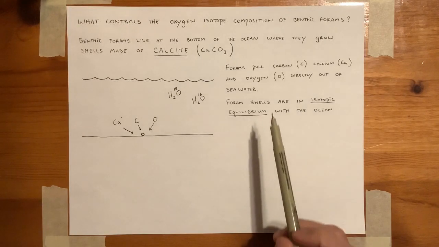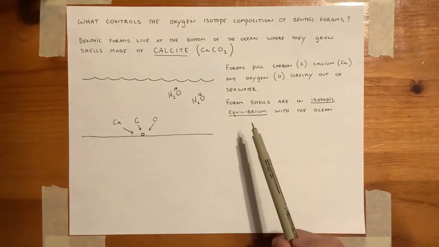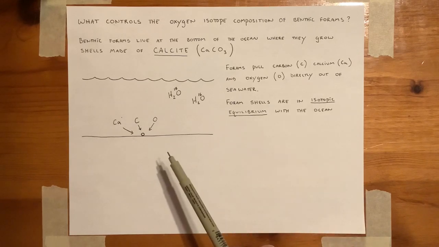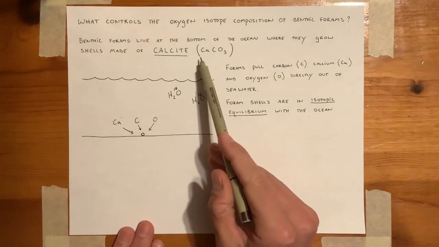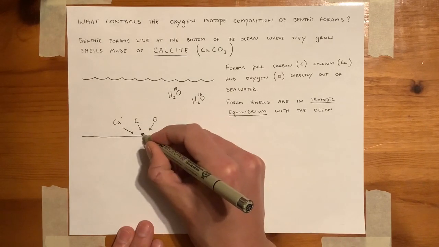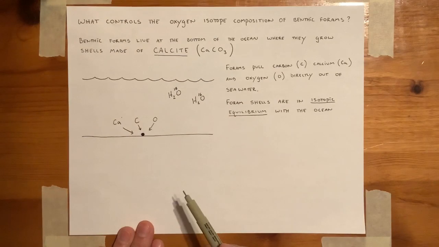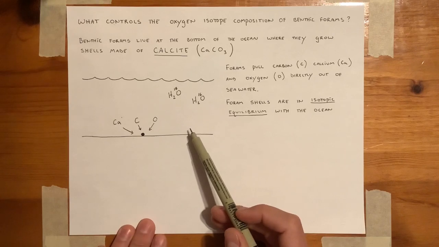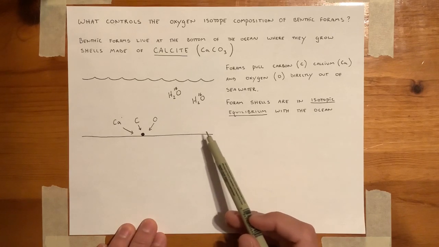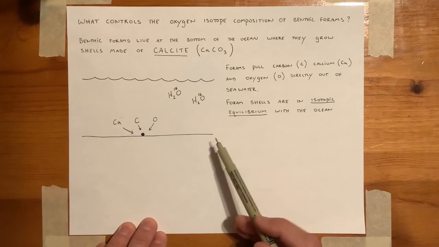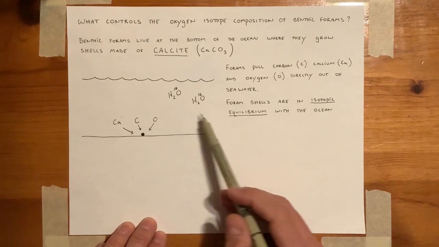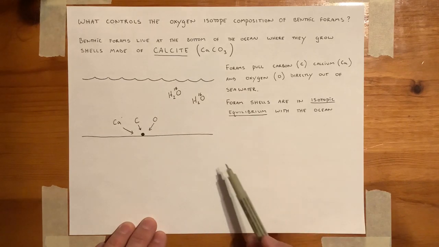Because forams pull their oxygen to make their calcite shells directly out of seawater, and they're in isotopic equilibrium with the ocean, that means that the oxygen isotope composition of a foram's shell serves as a proxy for the oxygen isotope composition of the oceans that foram lived in. So it's our first sort of quantitative climate proxy. We have an indirect sampling of the oxygen isotope composition of seawater that ancient forams lived in.